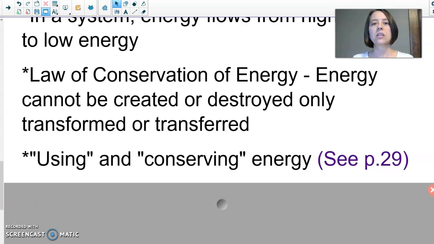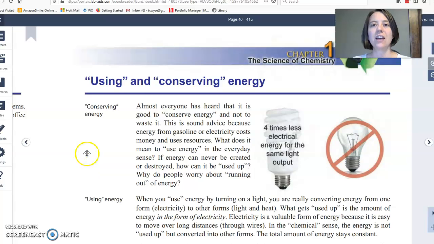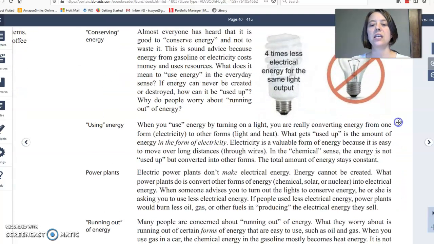So let's talk about using and conserving energy on page 29. Sometimes people will get confused because they're like, well, the law of conservation of energy says that there's always the same amount of energy, so how can we use it up, or why do we need to conserve it? That has to do with the type of energy it is in.